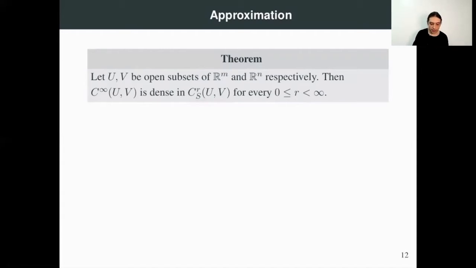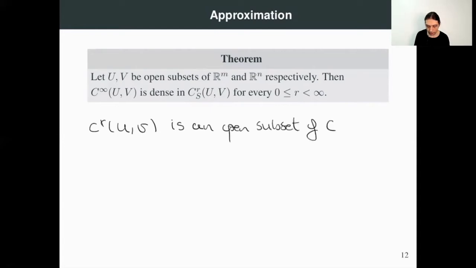And the first thing that we are going to point out is that the set of CR maps from U to B is an open subset of the set of CR maps from U to Rn.